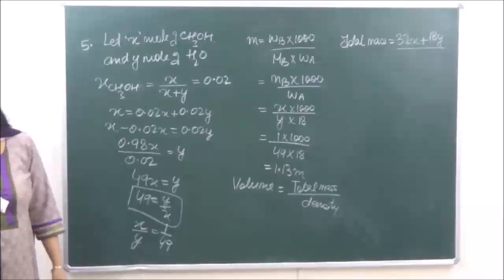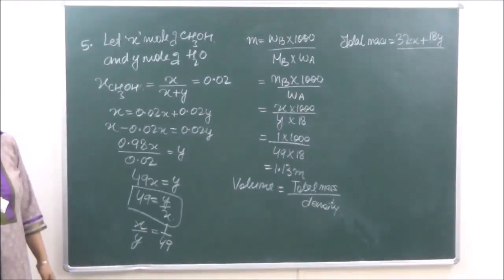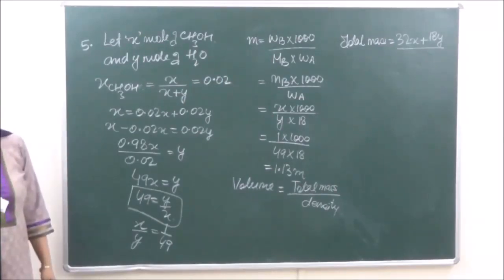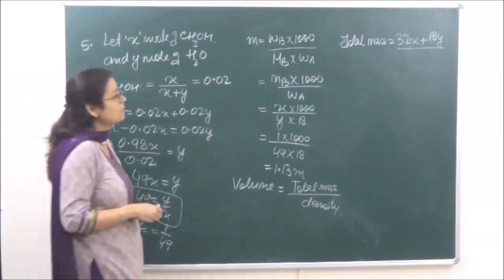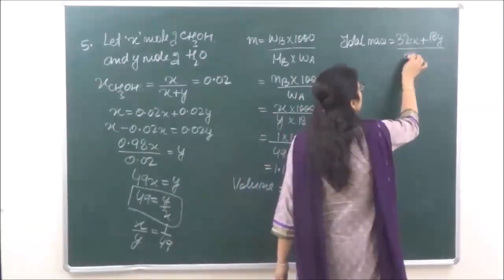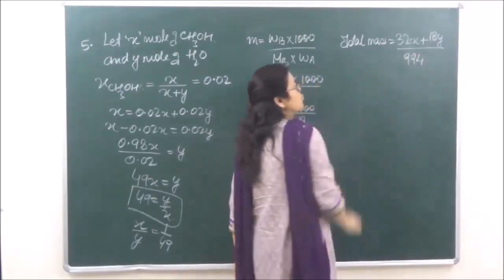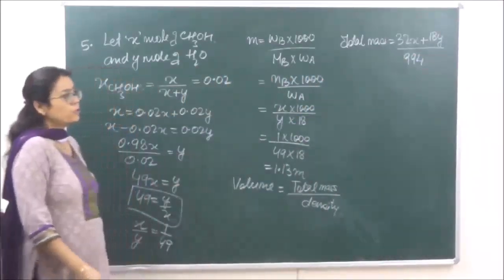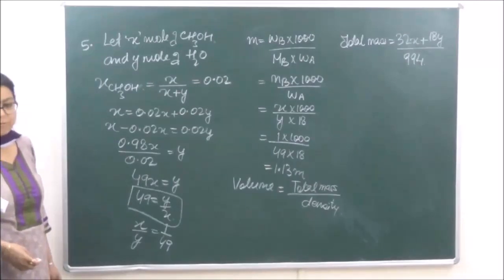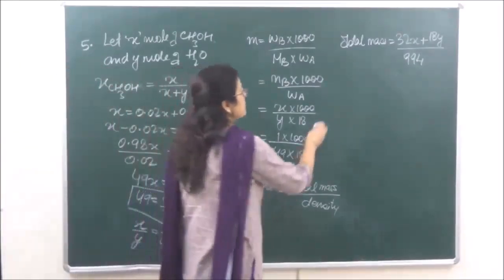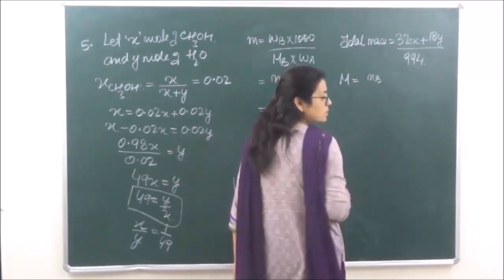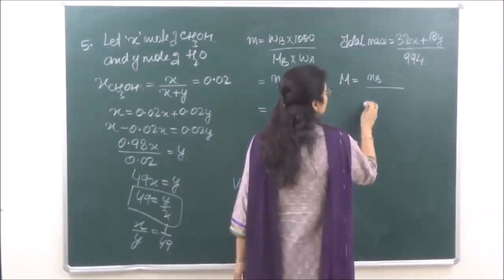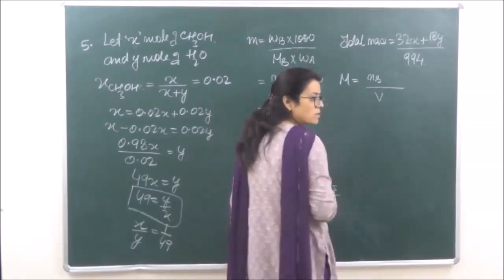What is the density of the solution? That is given as 0.994 grams per centimeter cube. We convert it into liters, so that will come to 994. This is going to be the total mass. Then what is molarity? Number of moles of the solute upon volume of the solution in liters.